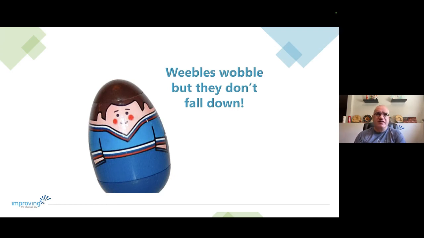The other part of this is not just about being redundant, but it's also about being resilient. And for those who are a little more seasoned, you may remember the toys from the 1970s called Weebles. Weebles wobble, but they don't fall down.